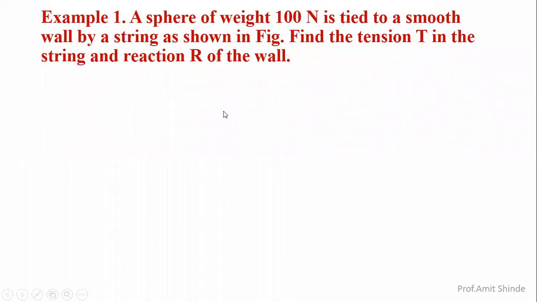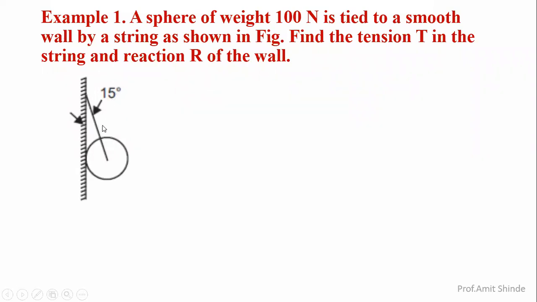Now let us see the first problem. A sphere of weight 100 Newton is tied to a smooth wall by a string as shown in the figure. Find the tension T in the string and the reaction R of the wall. Here is the sphere of weight 100 Newton, tied by a string that makes an angle of 15 degrees with the vertical wall.